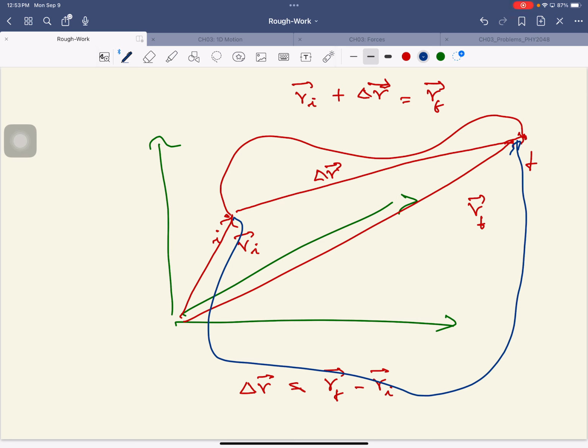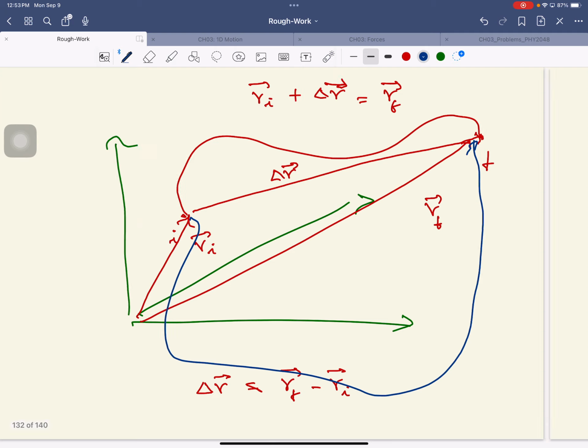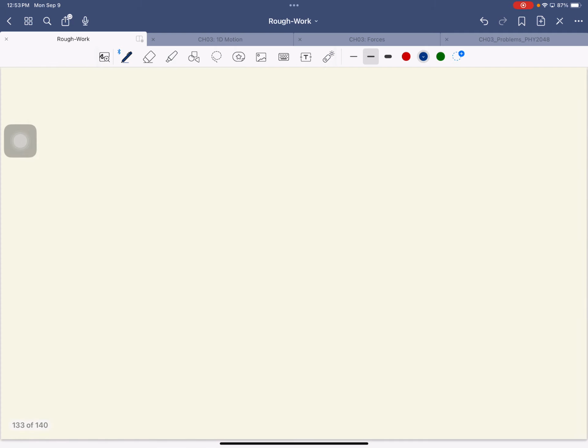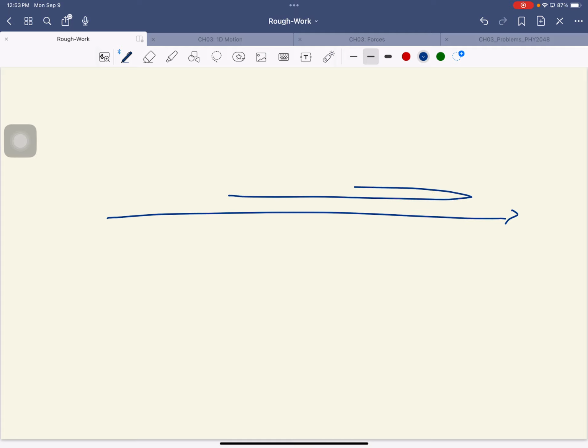An infinite number. So it's giving you no details of the journey. It's a very gross quantity. Of course, in 1 dimension, if you're traveling in 1 dimension, let's say this was your initial point and that's your final point, this is your displacement vector.